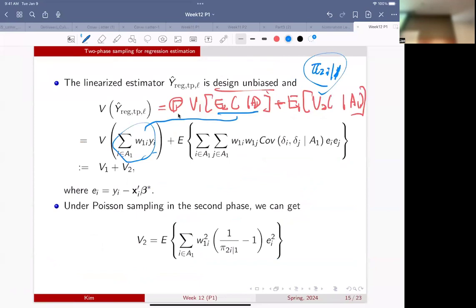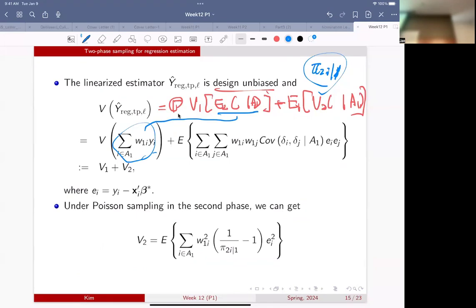Let's make life easy and suppose that I want to do Poisson sampling. If you do Poisson sampling, then this is independent, so you can simplify. The double summation becomes a single summation because of independence, and you only have to worry about i equal to j.